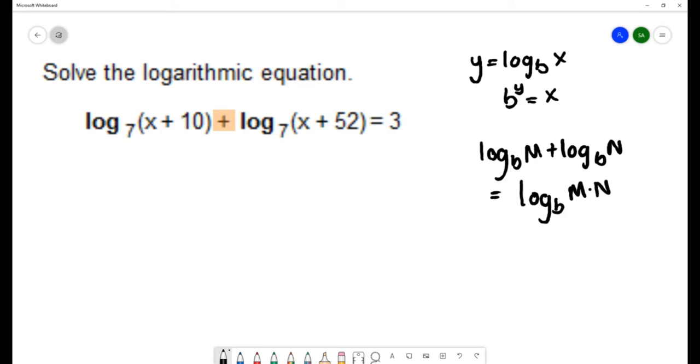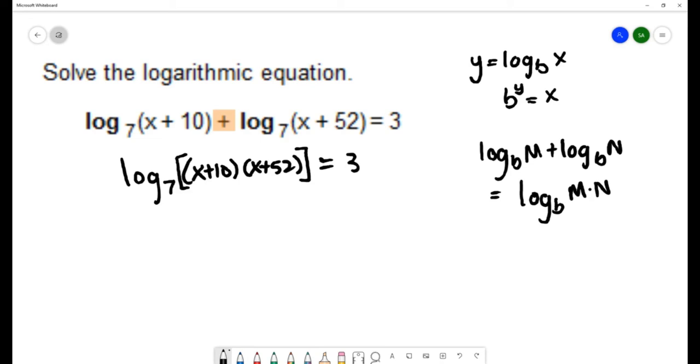So we'll start by condensing, and that would give log base 7 of x plus 10 times x plus 52 equals 3. So we condensed on the left-hand side.